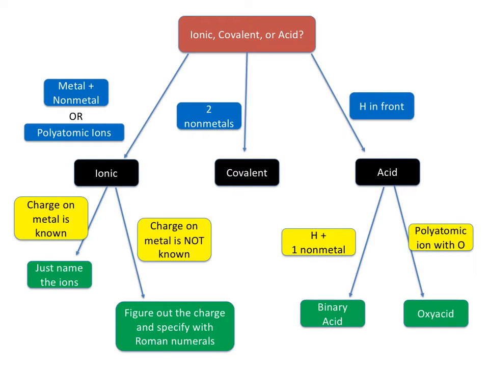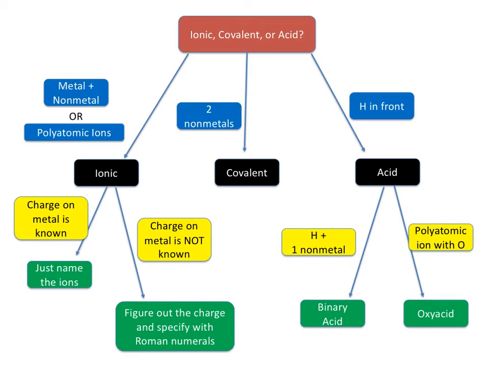So the first question I always ask myself when I'm trying to name a compound or to write its formula is whether it's ionic, covalent, or an acid, because that determines which set of rules I use. If we have a metal plus a nonmetal, or we have any polyatomic ions, then it's going to be ionic. We're not going to be asked to name any compounds that involve polyatomic ions that aren't ionic. And for that matter, you're not going to be asked to name any compounds that have metals that aren't ionic.